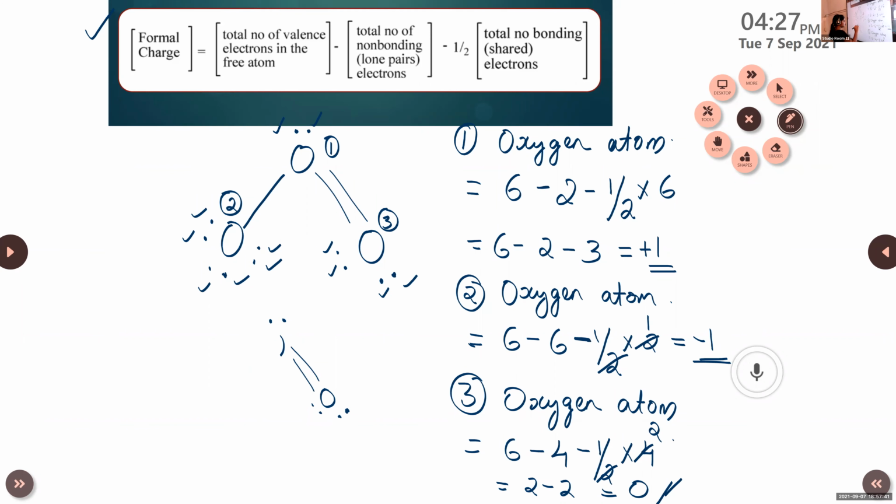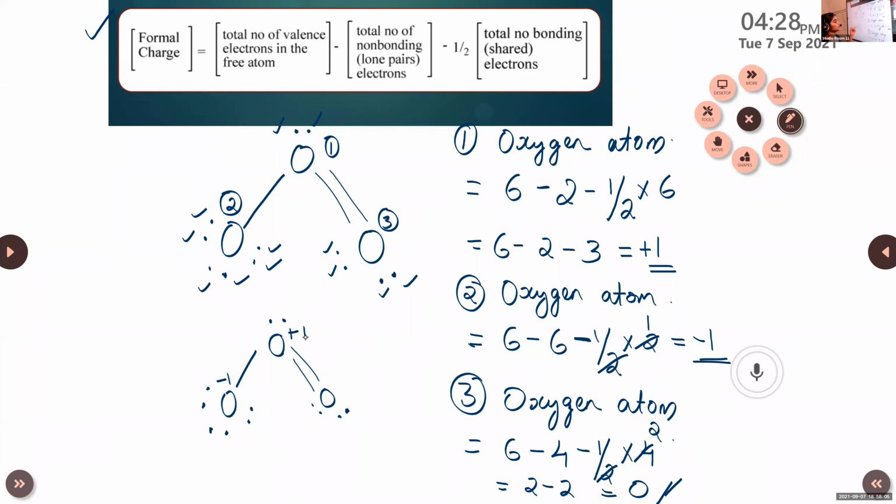Then the next one, with 6 dots, the second oxygen atom with minus 1 charge. So this is the formal charge distribution of each atom in a molecule.